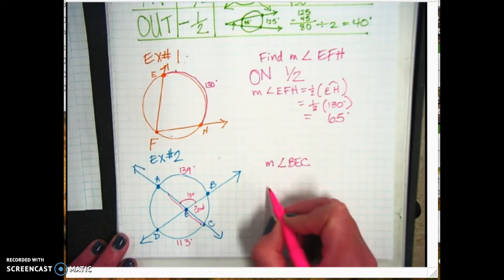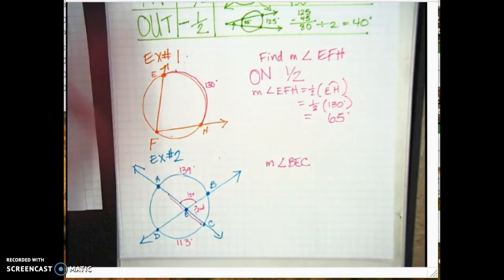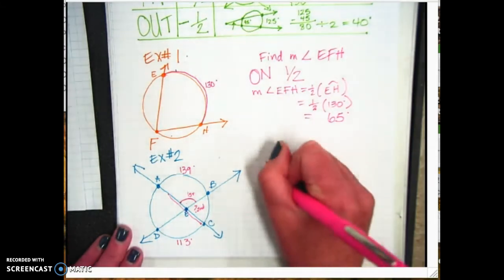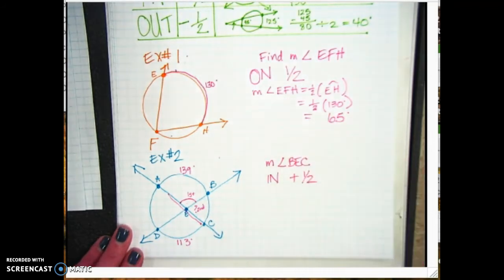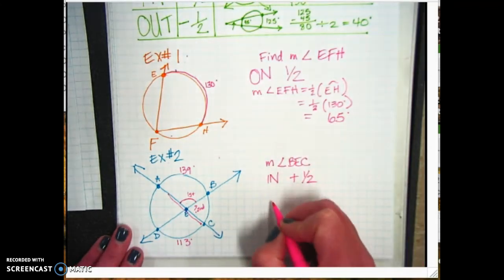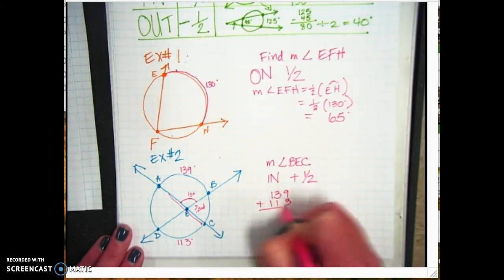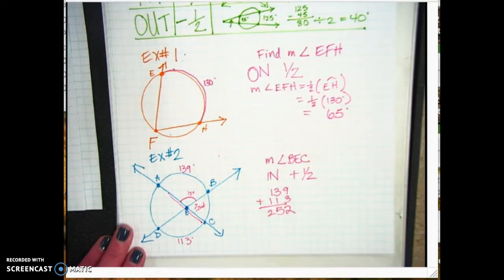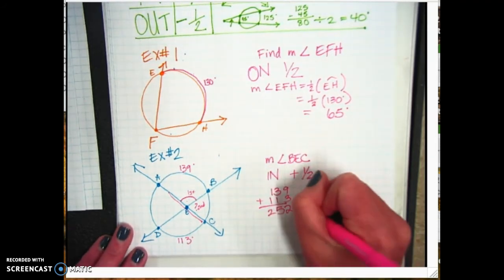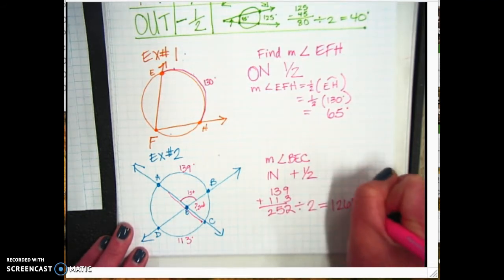So we'll say that first we need to decide, is it on, in, or out? Obviously it's in, okay? It's in, so we're going to add them together and then take 1/2. So we take the 139 plus the 113. I got 252 by adding them together. Divide that number by 2, and it's 126.